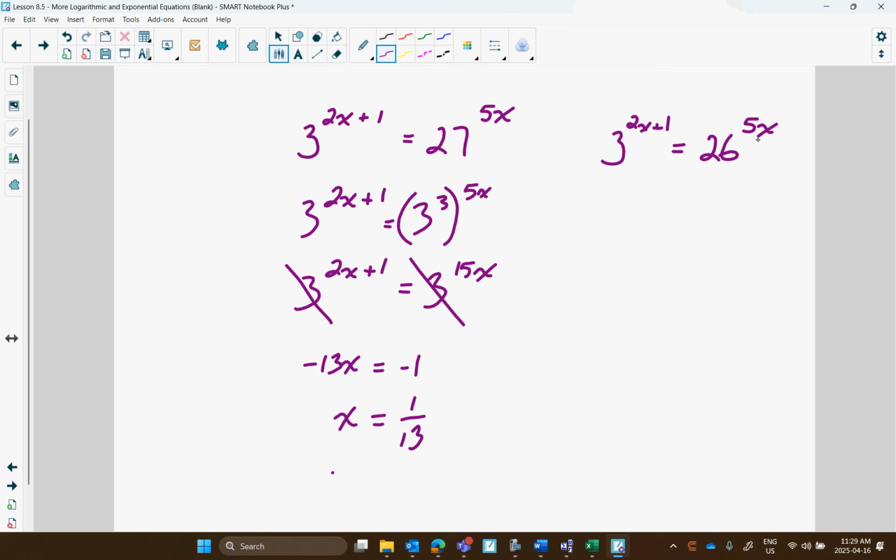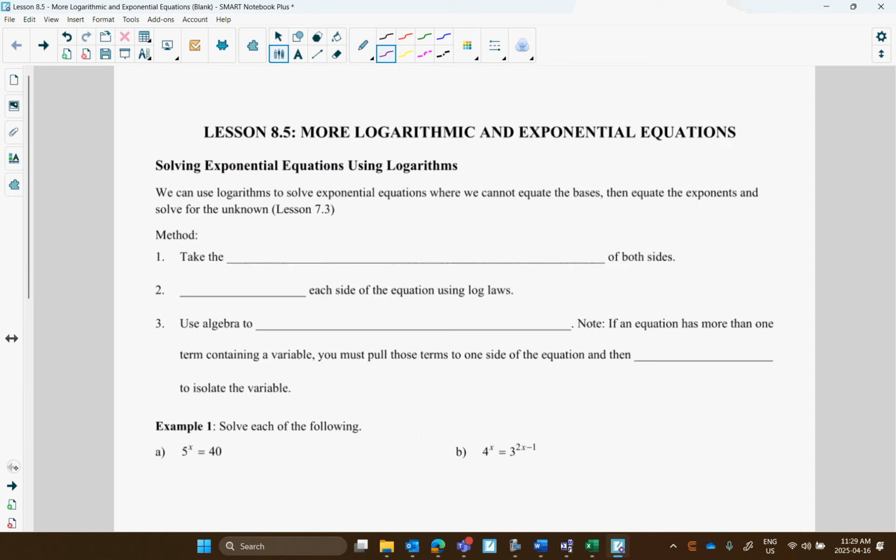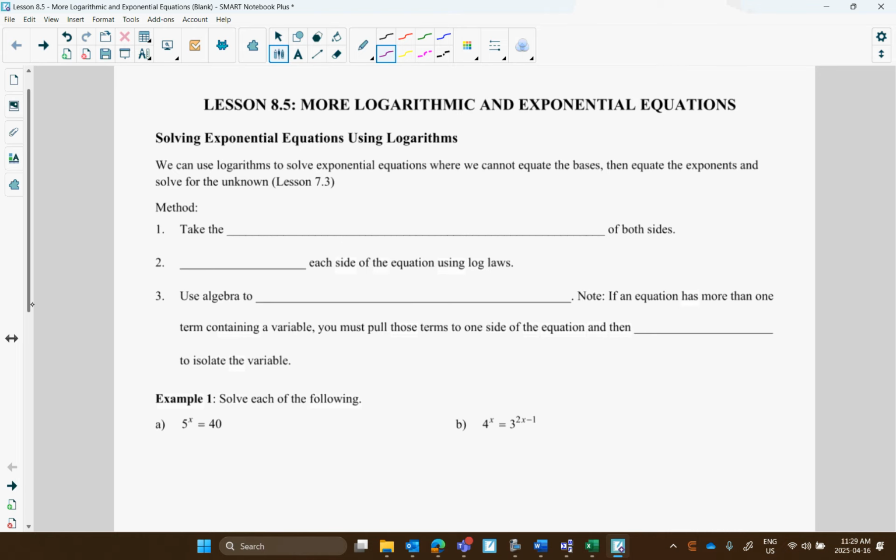So what we would have to do is take the log of both sides, and we'd have to use the calculator, because these are not going to give us nice, clean numbers. So that's the final type of equation we're going to look at: when we have an exponential equation where we can't make the bases the same, we use logs.